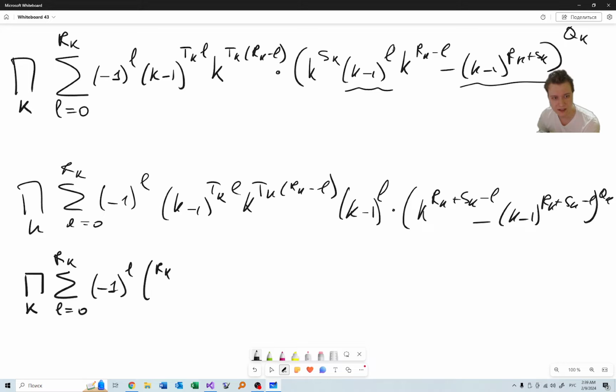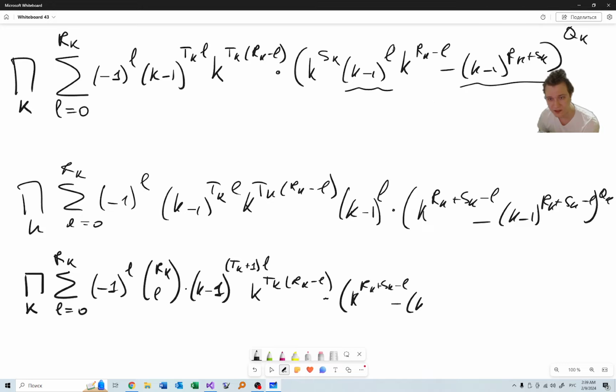Choose RK L times k minus 1 to the power tk plus 1 l times k to the power tk (rk minus l), and finally times k to rk plus sk minus l minus k minus 1 to rk plus sk minus l, to the power qk.